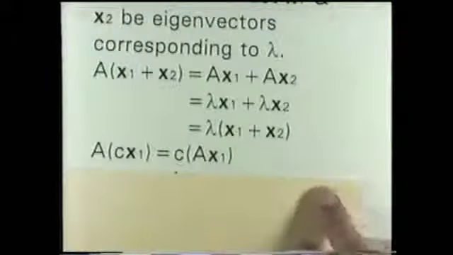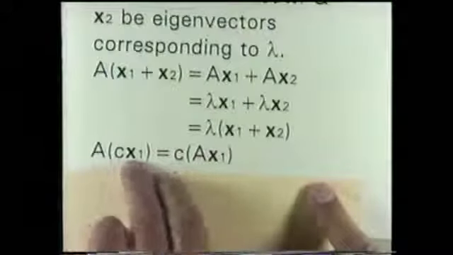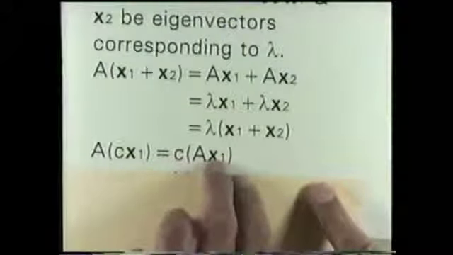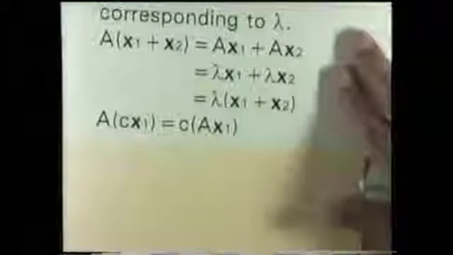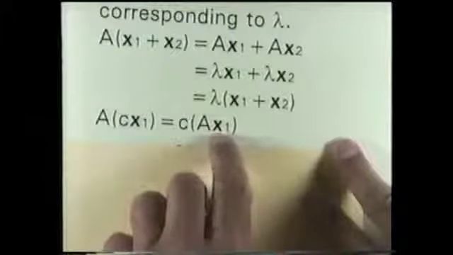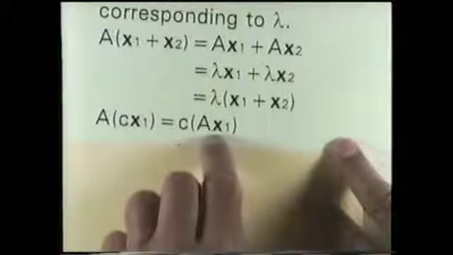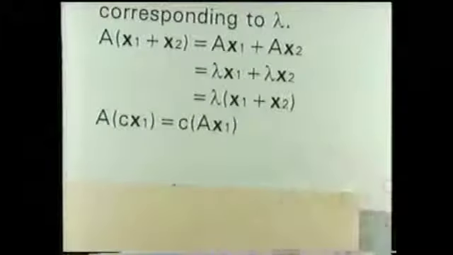Now let's look at scalar multiplication. A times cx1 is equal to c times Ax1. That's the associative property of matrix multiplication. But since x1 is an eigenvector corresponding to lambda, Ax1 is lambda x1.